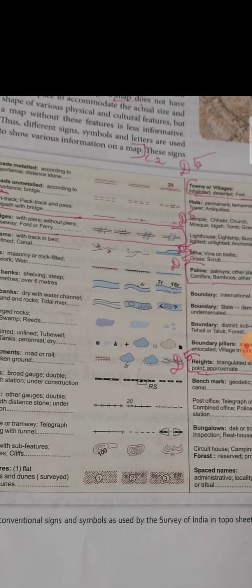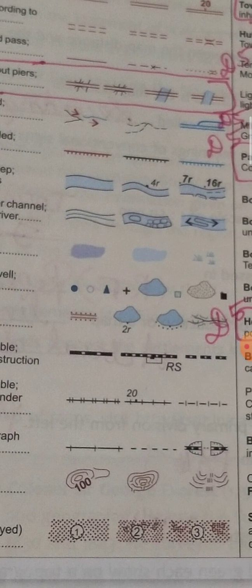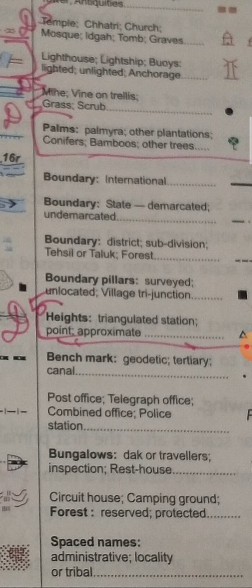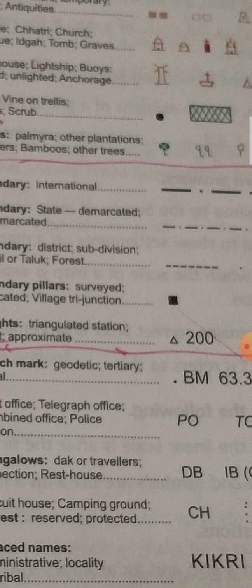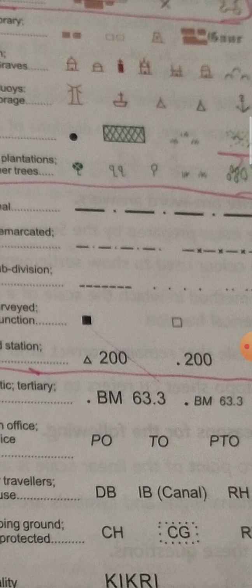We have learned this in the 6th standard. Here you see some symbols. Dear children, you see the boundary. The international boundary is a thick line and dot. Then the state boundary is the small one. Here we can see the conventional signs and symbols.